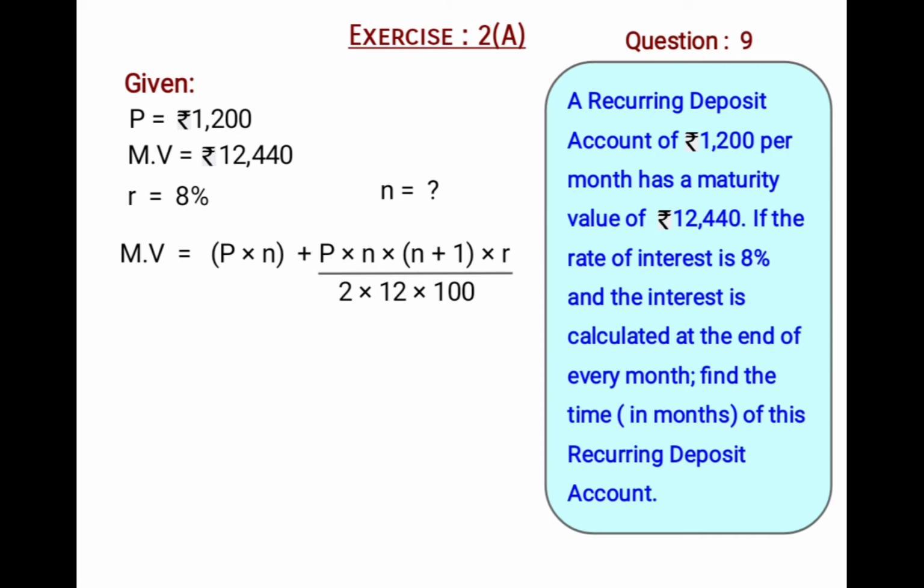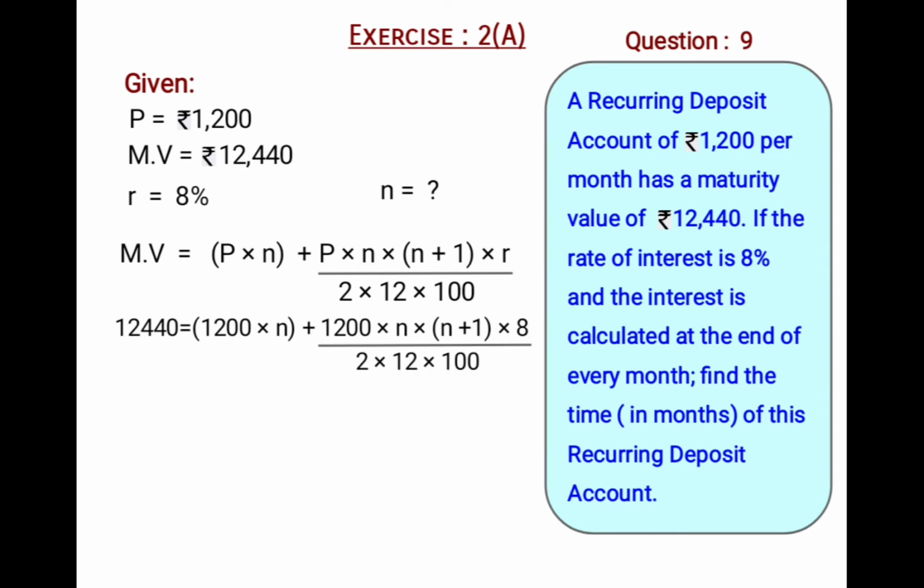Now we are going to substitute the values of P, MV and R. 12,440 is equal to 1200 into N plus 1200 into N into N plus 1. R is 8, so into 8 whole divided by 2 into 12 into 100.